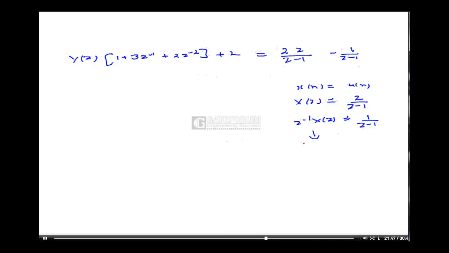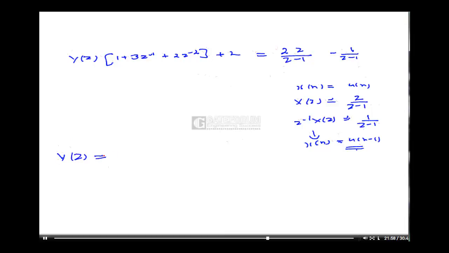Now, x[n] is equal to u[n]. That means X(z) is equal to z upon z minus 1. So, 2 times z upon z minus 1 minus 1 upon z minus 1. Z inverse X(z) will be 1 upon z minus 1, which is for x[n] equal to u[n minus 1]. Okay.